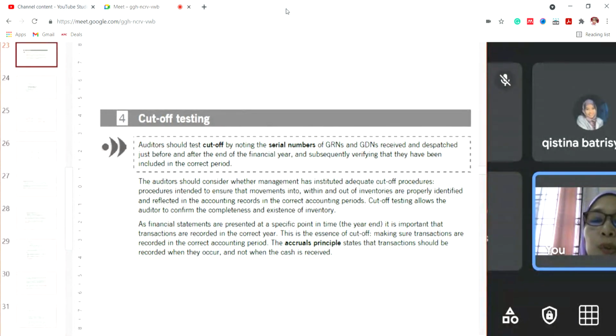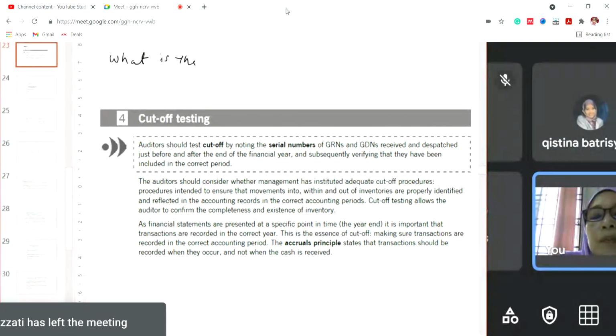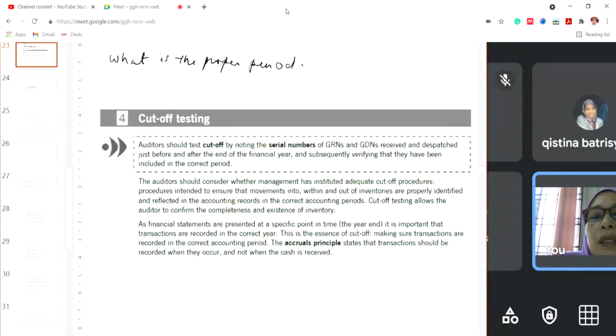So you have to relate: what is the proper period? That is the question you have to ask. And the second question: what is the test to be conducted?